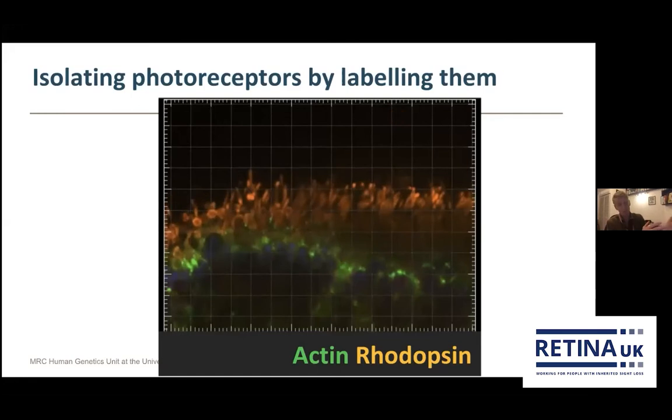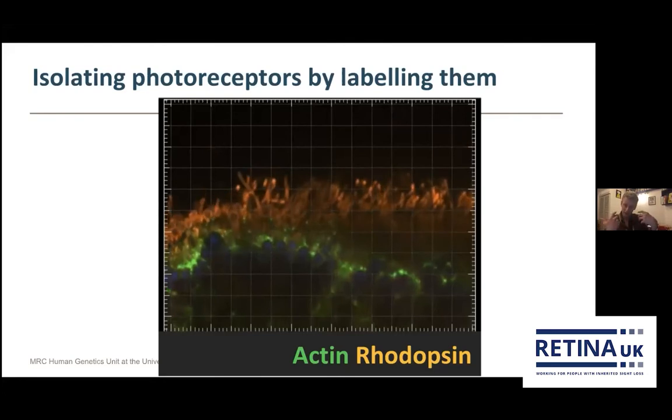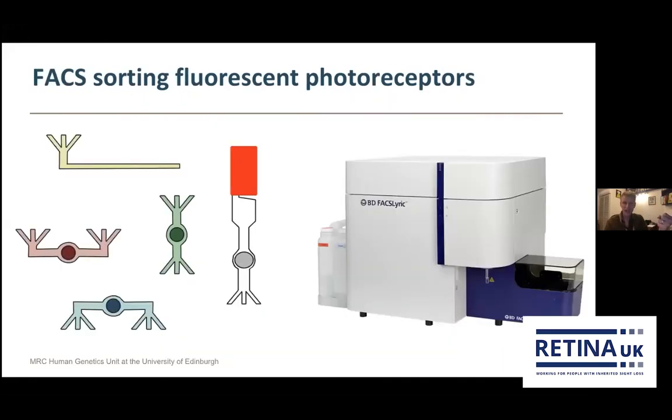First of all, I've crossed the rhodopsin SNAP mouse with the RPGR mutant mouse, and I then inject the eyes with the fluorescent tag, and carry out the conventional protocol to split the cells up. But instead of going to single cell sequencing, I pass them through a machine which can sort by fluorescence, so it can detect the fluorescent cells, which are the photoreceptors labeled with this fluorescent tag.